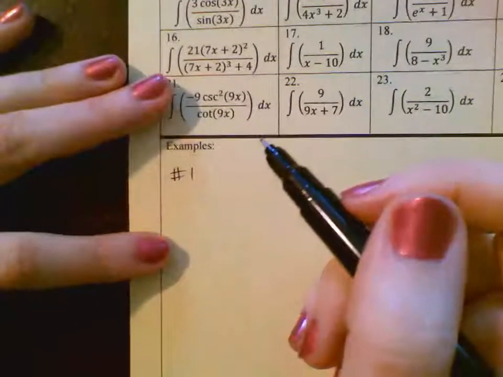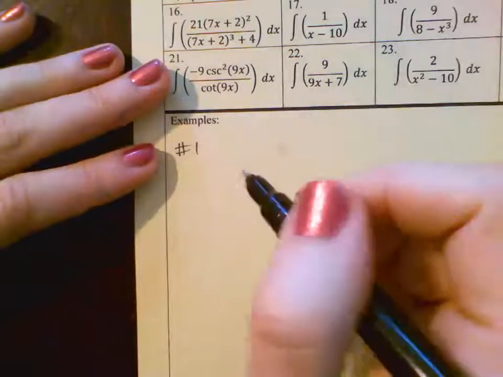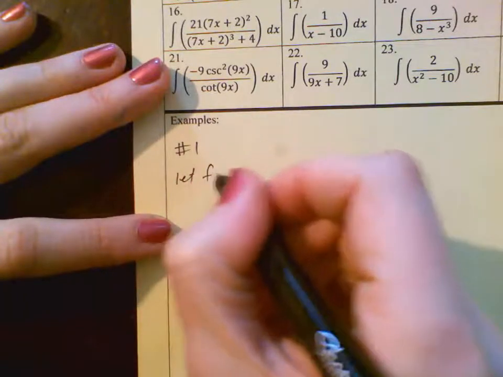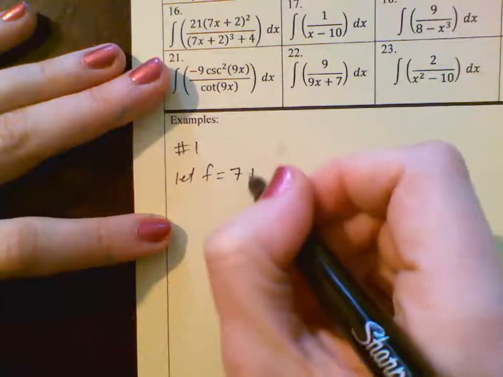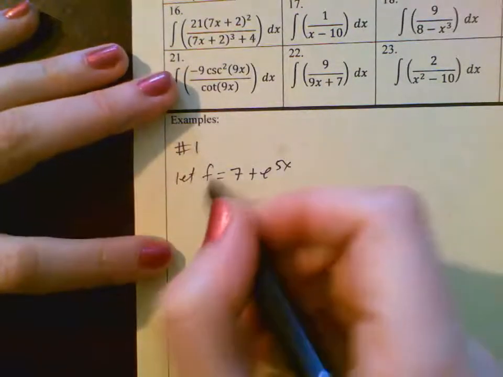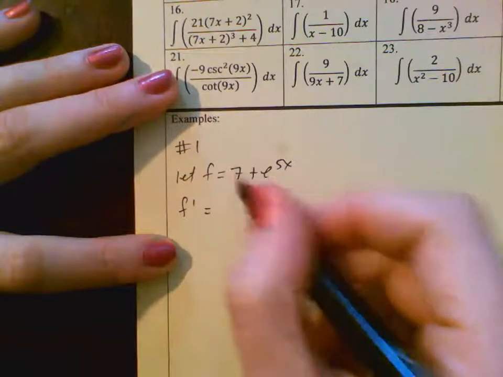Let me think how we should do it. Okay, I'll say let f equal the denominator, always the denominator. Then f prime, or the derivative of 7, is just 0.